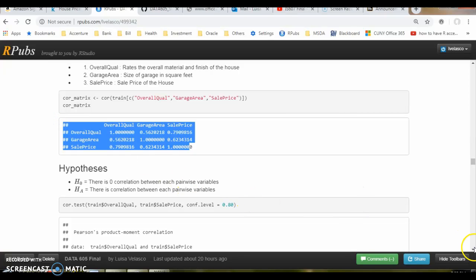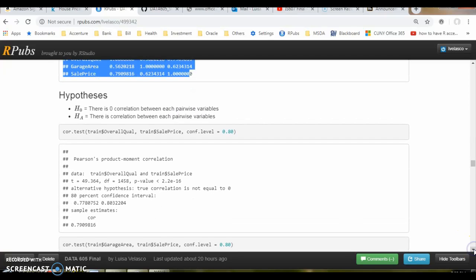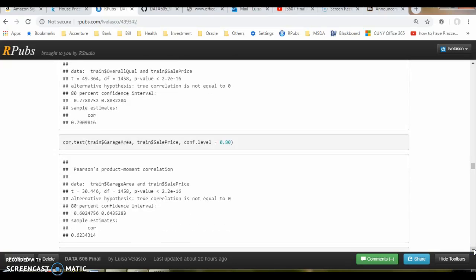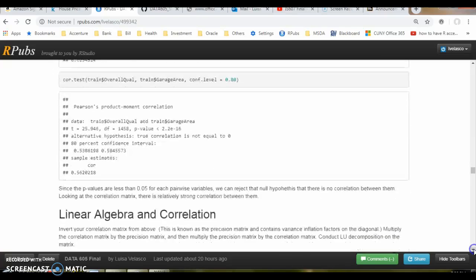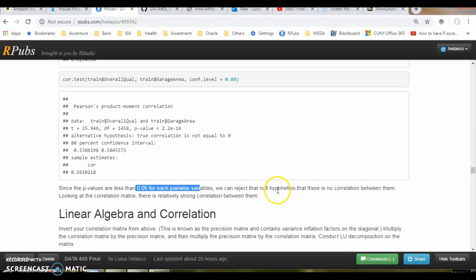The null hypothesis is that there is zero correlation, and the alternative hypothesis is that there is a correlation. At an 80% confidence level, pairwise, I arrived at each one having a p-value less than 0.05, so I can reject the null hypothesis that there is no correlation between them. Looking at the correlation matrix, there's relatively strong correlation between them.